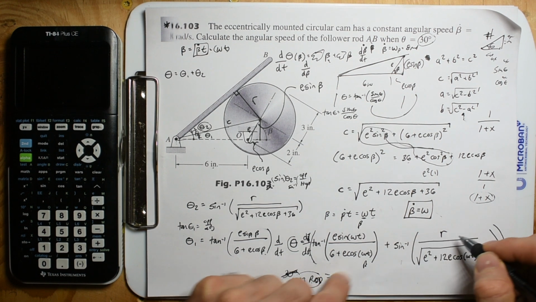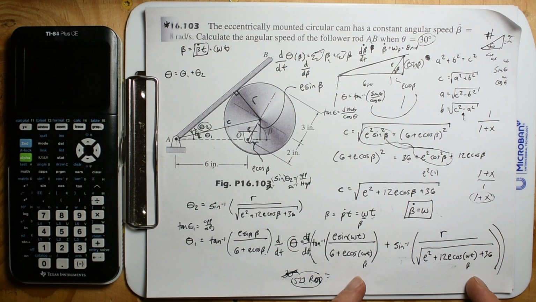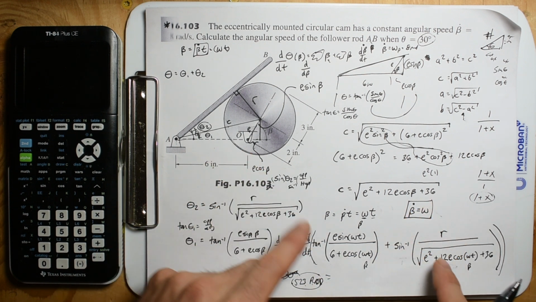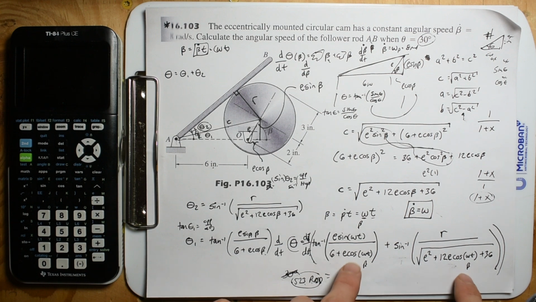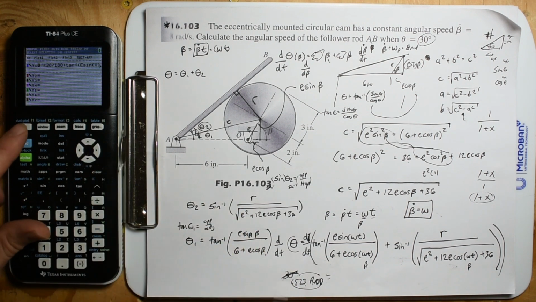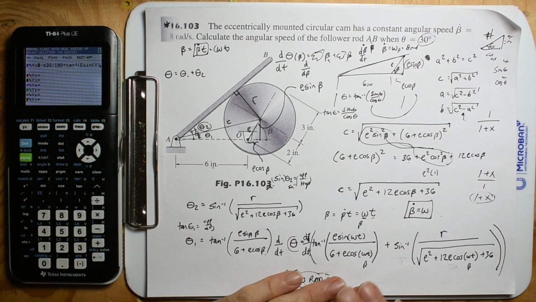All of these are beta, but they're in 3 different locations, and I don't even think you could get an equation for beta, but I'll have to look at that again. So what I did is I just put it in my calculator and got this to this side of the equation. Or you don't have to do that.